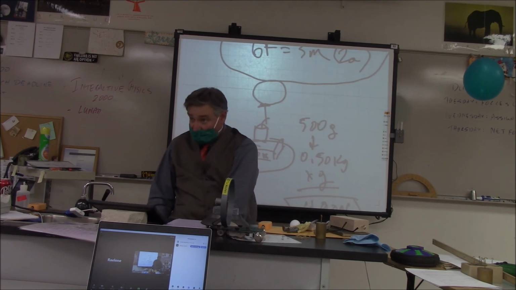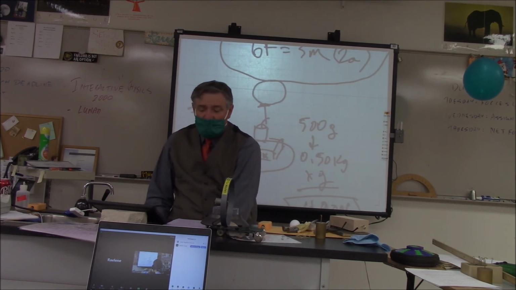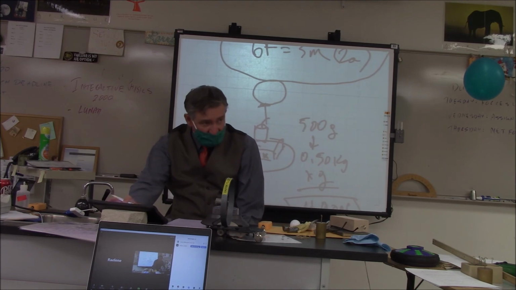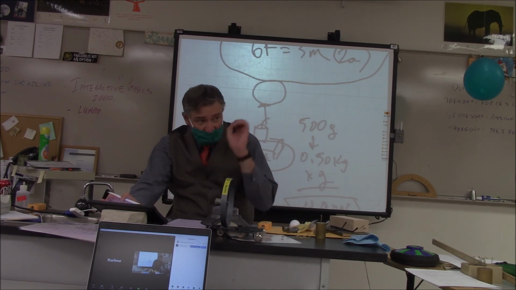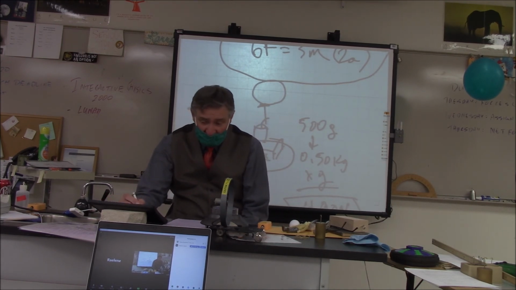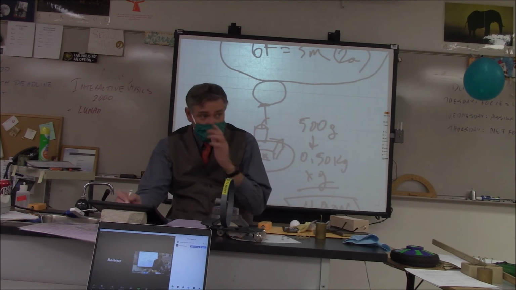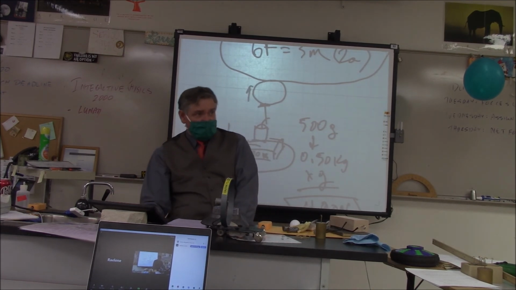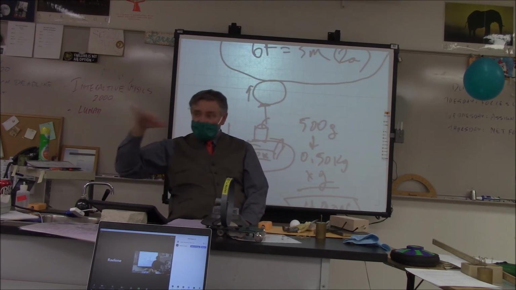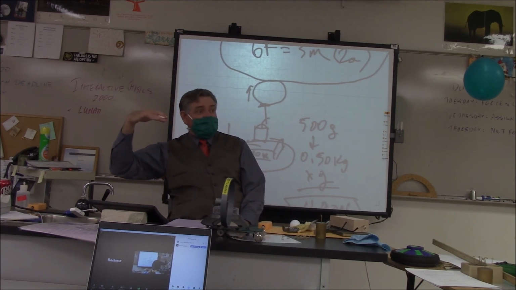Okay? Now it's reading 4.8. But it's not accelerating. So what do all the forces still have to add up to? 0. So I've still got gravity pulling it down. That hasn't changed. I've got the balloon providing an upward force, right? And the scale basically is making up the difference.